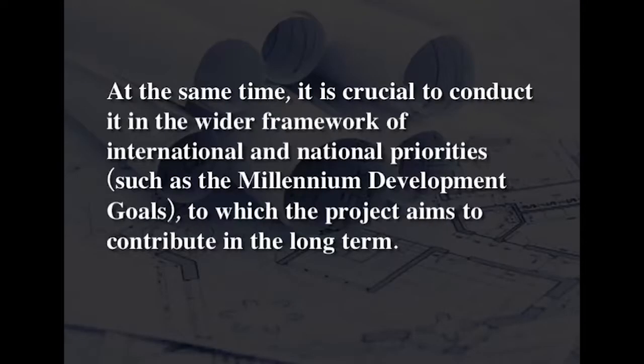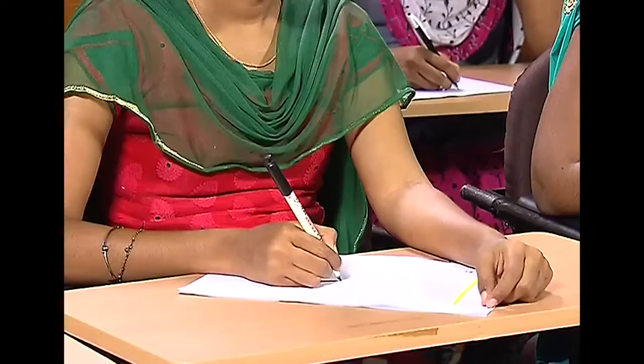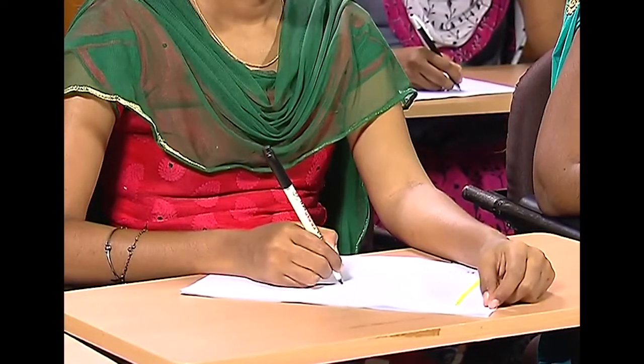At the same time, it is crucial to conduct it in the wider framework of international and national priorities such as the Millennium Development Goals, to which the project aims to contribute in the long term. Analyzing the situation in the framework of international, national and local priorities helps to identify the nature and magnitude of needs, prioritize them and establish the first criteria for developing the project idea.